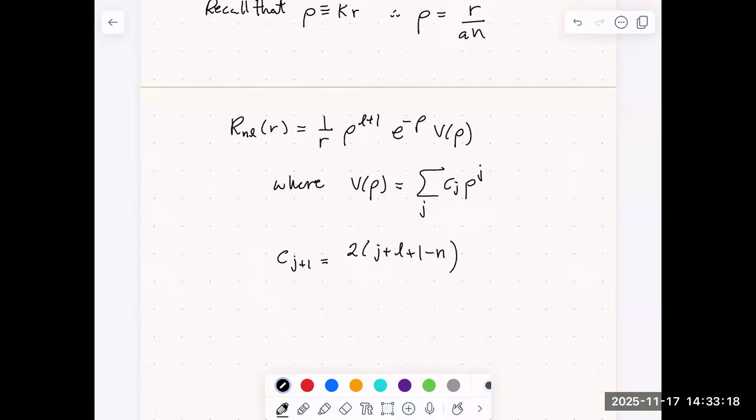And then we have j plus 1, j plus 2L plus 2 times Cj, where I've used rho naught is equal to 2n. All right.